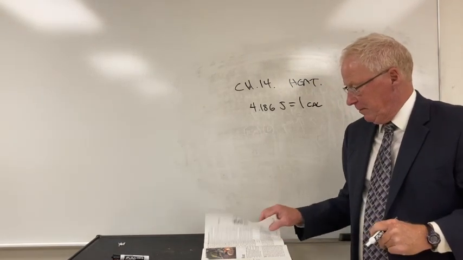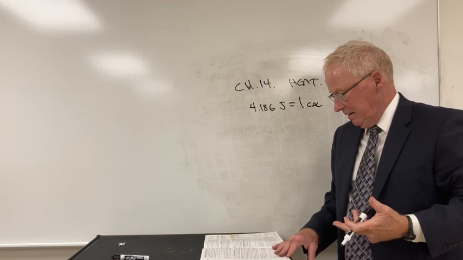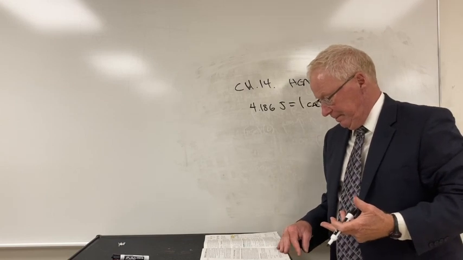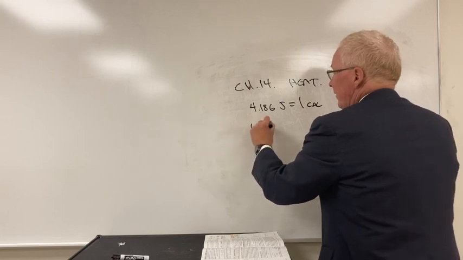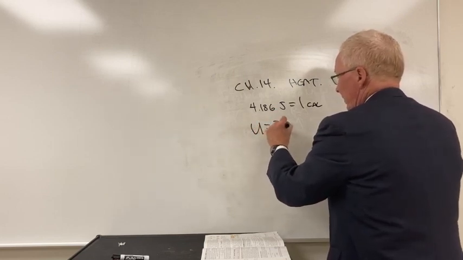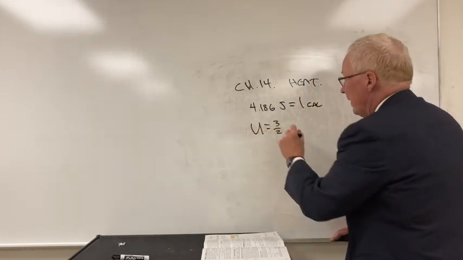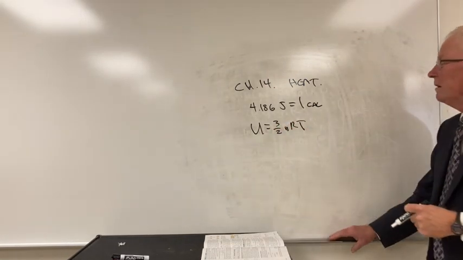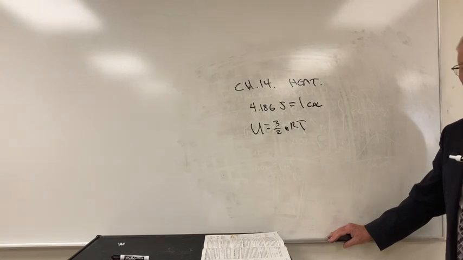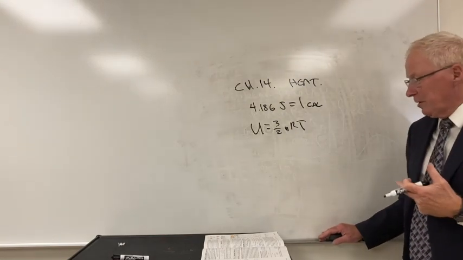All right, we got into that. We had the internal energy of a gas is given by U is 3/2 nRT, which again, we'll use more later on in chapter 15 when we get into thermodynamics.